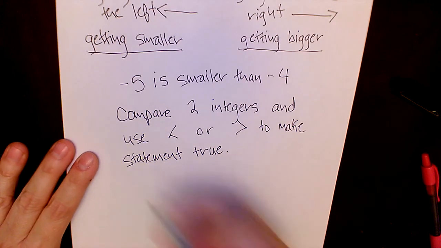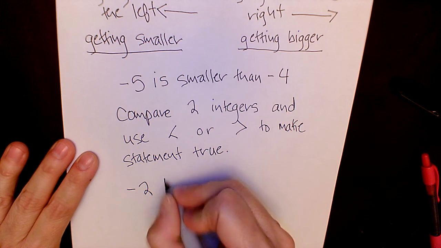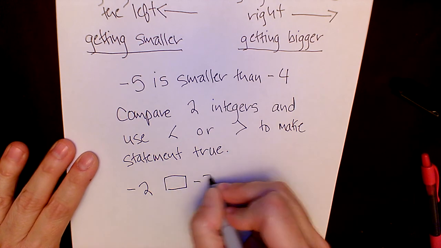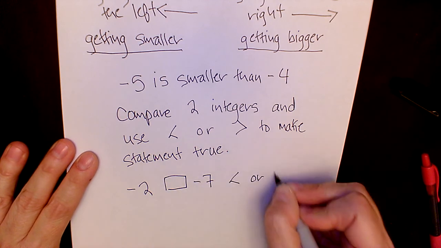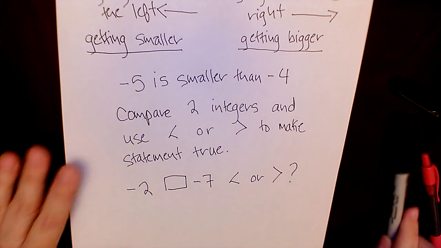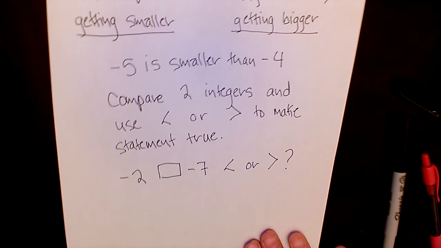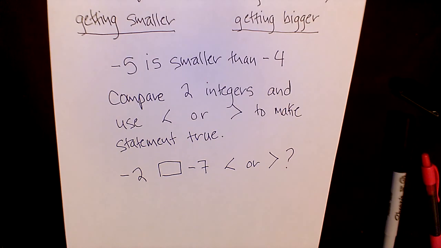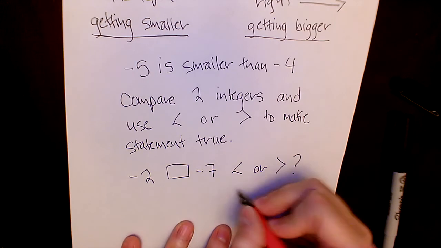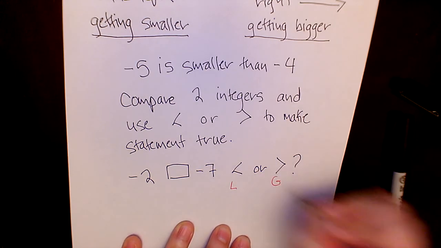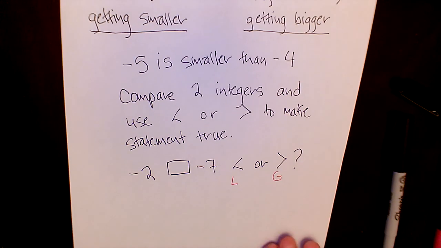Okay, so let's say I had -2. Is negative 2 less than, this is less than, and this is greater than. Is negative 2 less than or greater than negative 7?